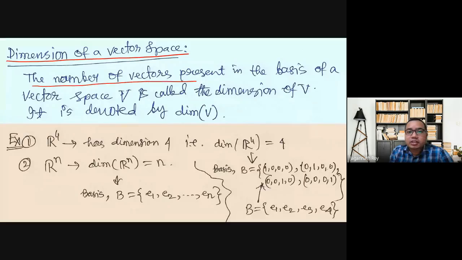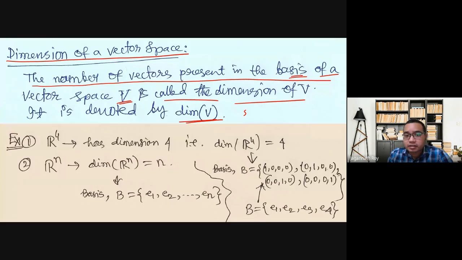Now the cardinality is how many elements are there in the basis, that is called dimension. The number of vectors present in the basis of a vector space V is called the dimension of V.